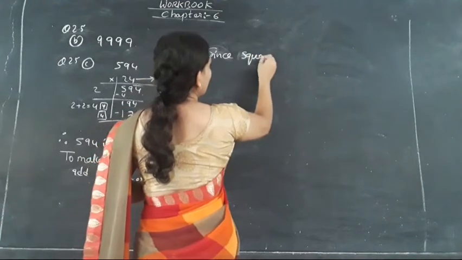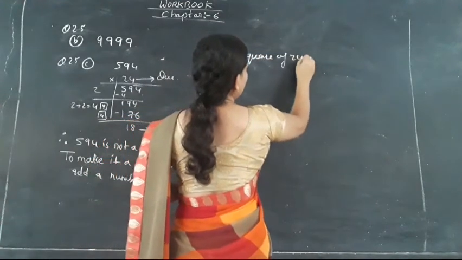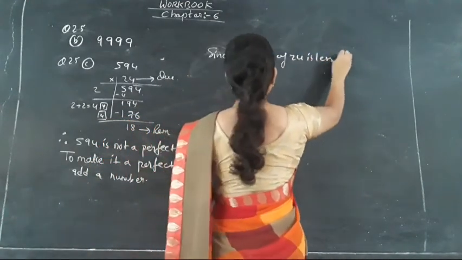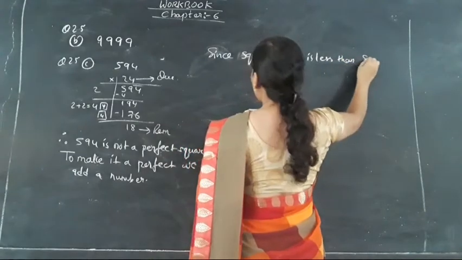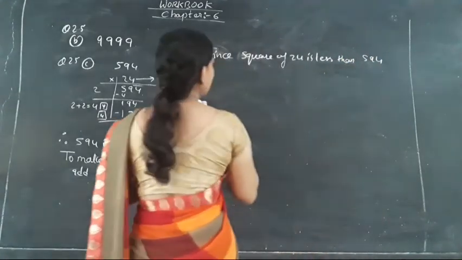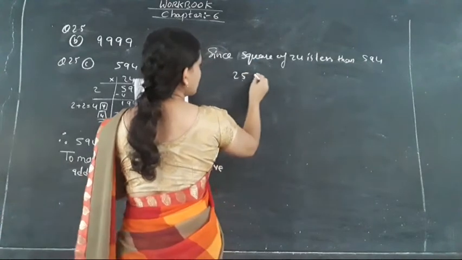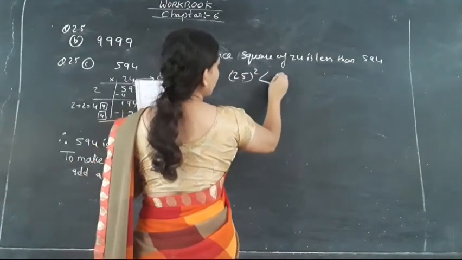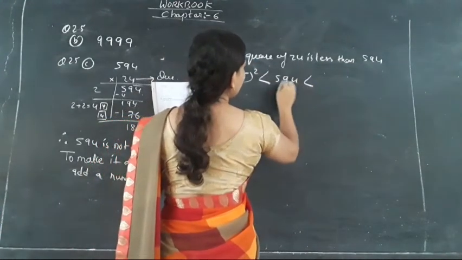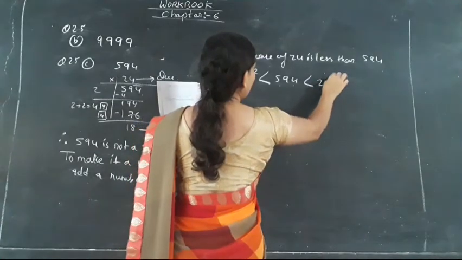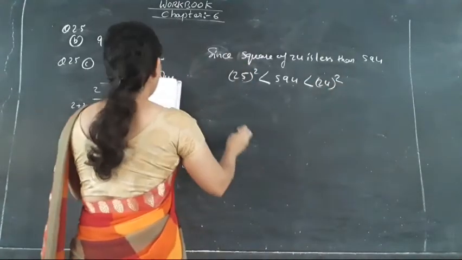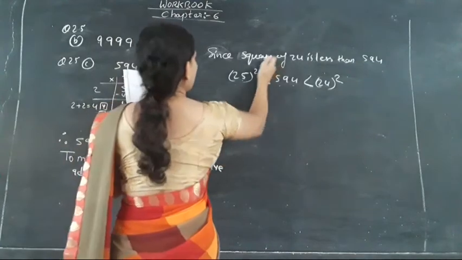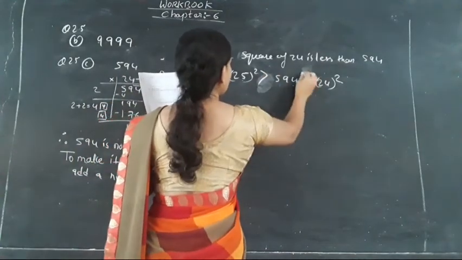since we can say that the square of 24 is less than 594. इसका स्क्वायर जो होगा वो ग्रेटर होगा 594 से, 594 का जो स्क्वायर होगा वो इसके स्क्वायर से लेस होगा। So here we can say that, sorry, this greater sign will come, student.